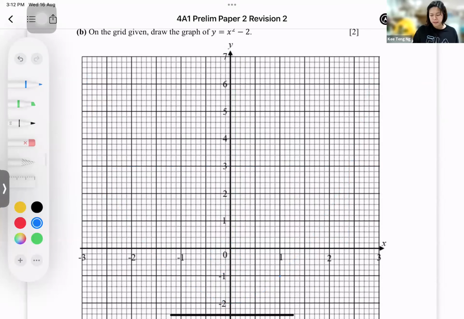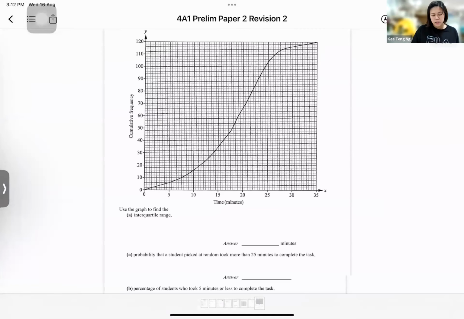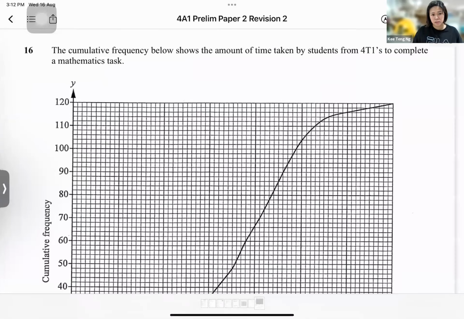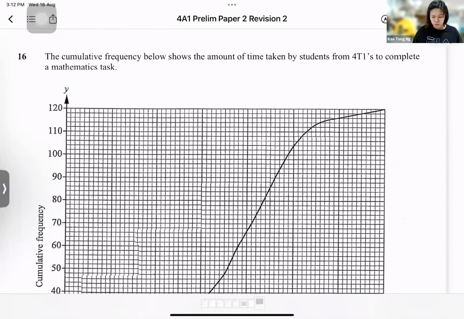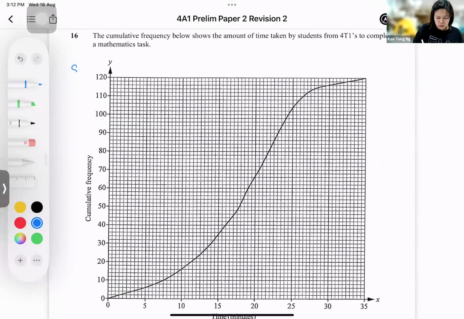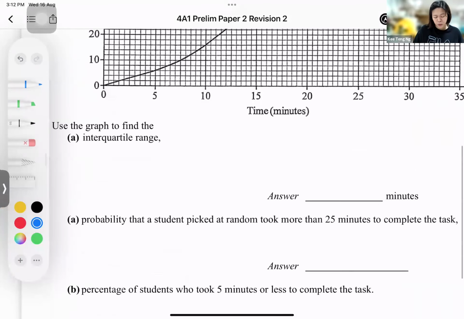Then last but not least, the last question for the day. This one is cumulative frequency for the time to complete a math task. The total number of students is 120 on this axis. To find the interquartile range, we must take the upper quartile.